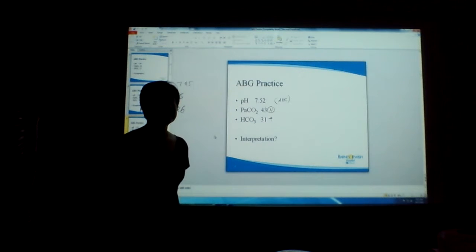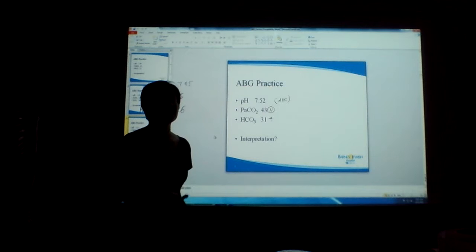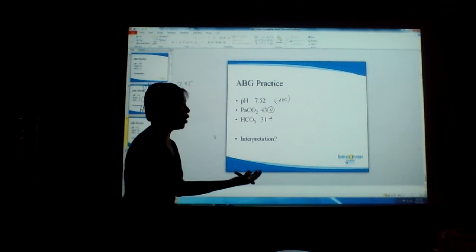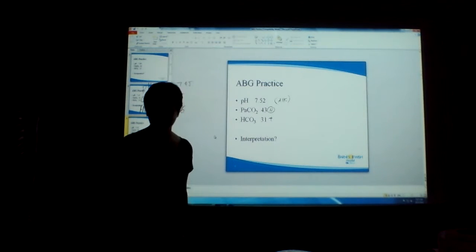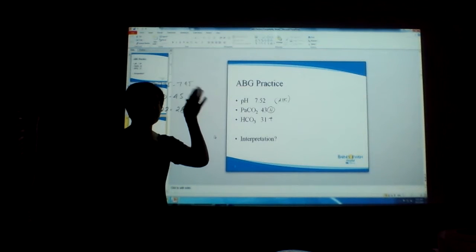So it's uncompensated. Metabolic alkalosis. You see that? This is an example of patients maybe who have vomiting, because you're vomiting acidic stomach content. So you're getting rid of the acid. You go into metabolic alkalosis. Or maybe ingesting too much alkaline, maybe too much vegetables, maybe mostly alkaline.